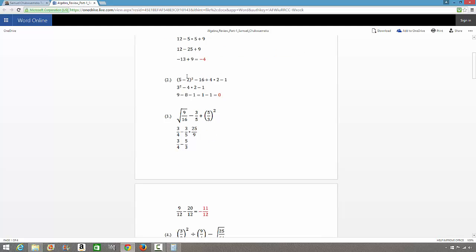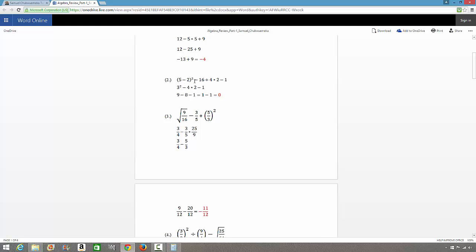Question 2, you have a parenthesis. Inside the parenthesis, you have the subtraction, then an exponent, a subtraction, a division, a multiplication, and then a subtraction. You start with the parenthesis. Inside the parenthesis, you have the subtraction: 5 minus 2 is 3.